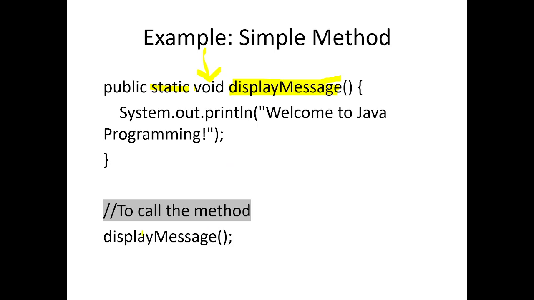Then in your main structure, you still have the public class and so on. I just want to show this because this is not complete coding. Your main method is not displayed here, but basically this calling of the method is in your public static void main.